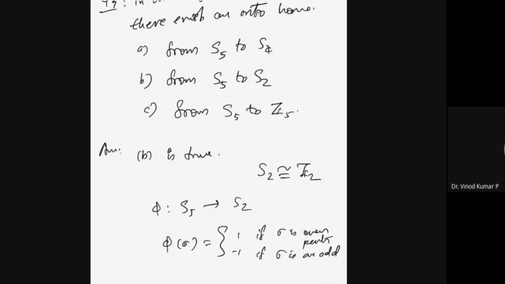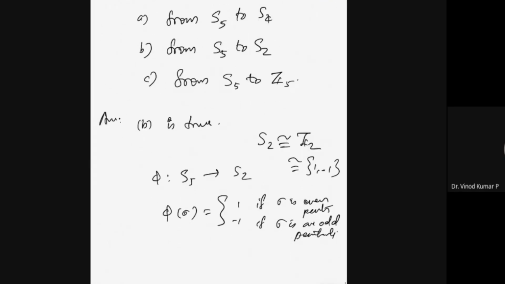If I am seeing Z2 as the set {1, minus 1} with multiplication, then phi of sigma is the sign of sigma.